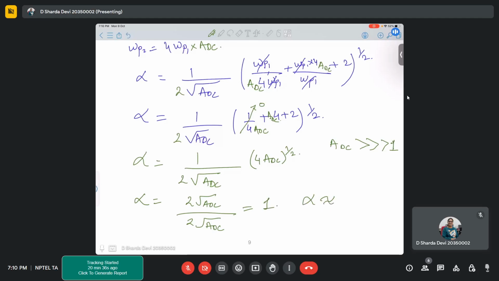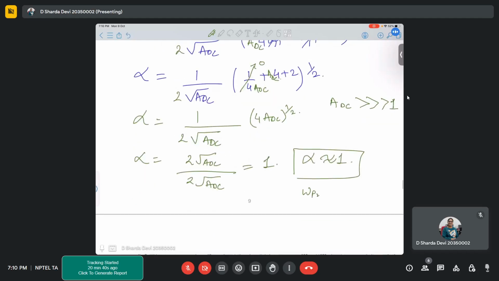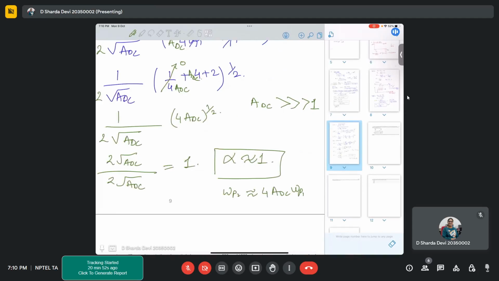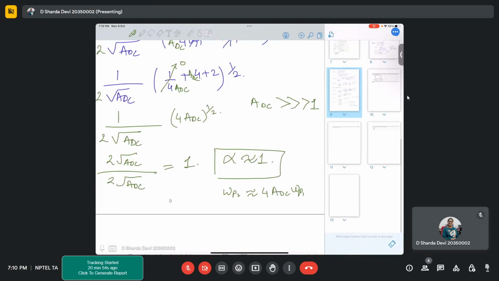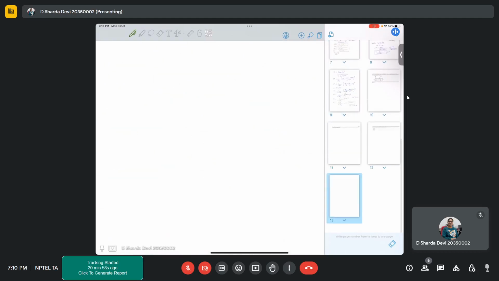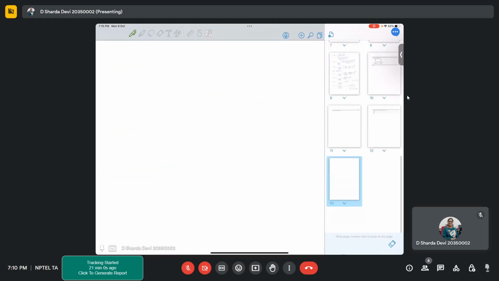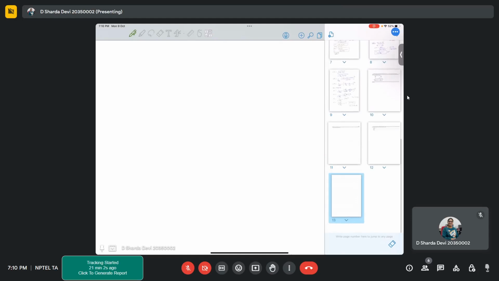So alpha is almost equal to 1. This is the case when your omega p2 is almost equal to 4 times ADC into omega p1, a huge separation, a very huge separation. In that particular case, your alpha is 1, which means 2 alpha will be 2.